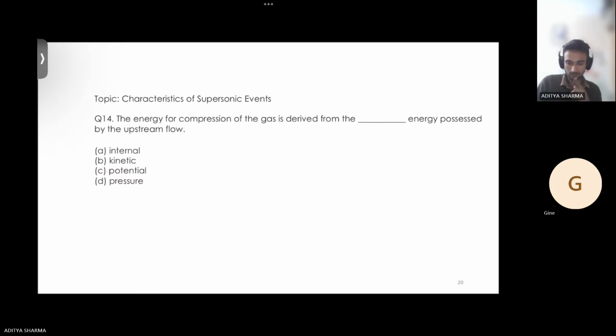Yes. So the compression that this shock wave does to the gas in a shock wave is derived from the dash energy possessed by the upstream flow.